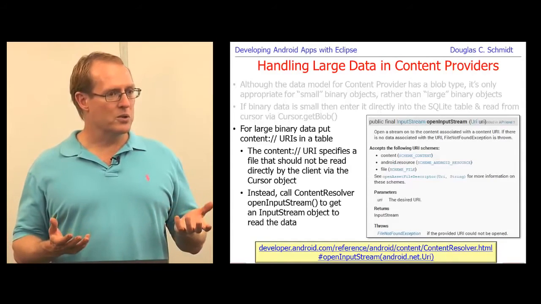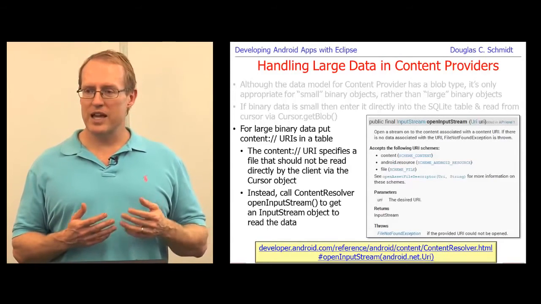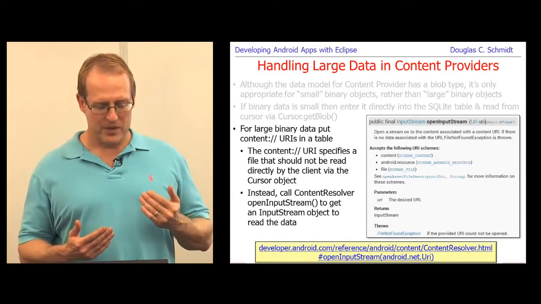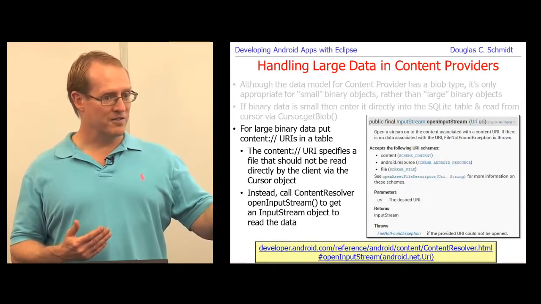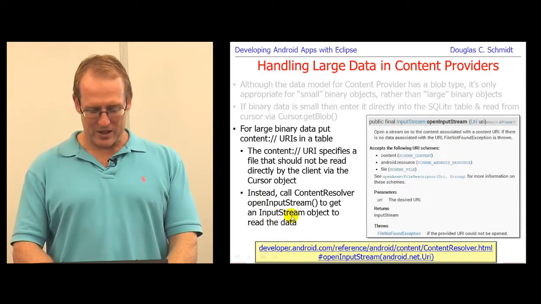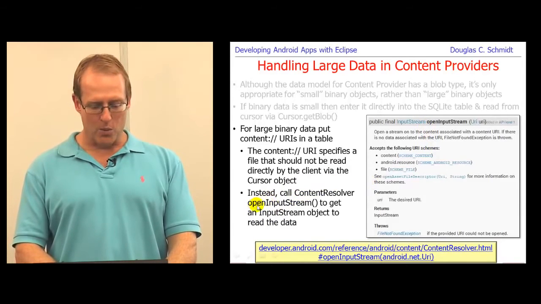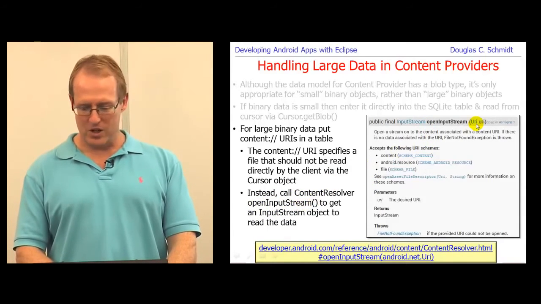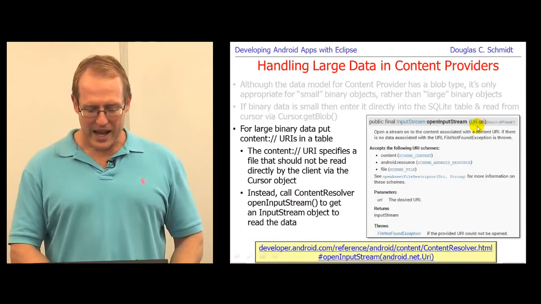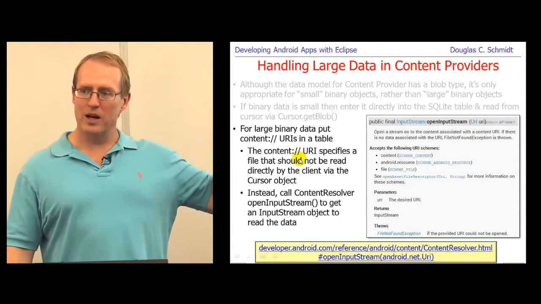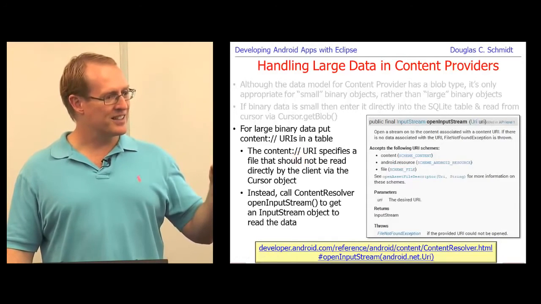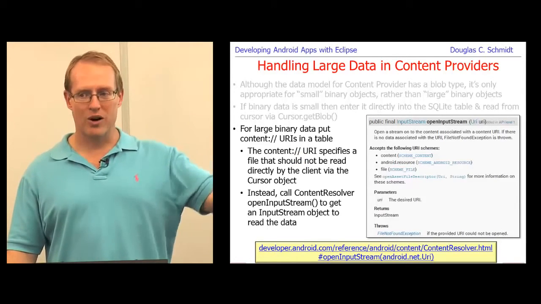So what you can do instead is you can basically have this content URI that points to a file in the file system. And if you take a look, there's a method on content resolver called openInputStream, and you pass it a URI, as you can see here. And what it'll do is it'll go ahead and open up a stream to access the content that was designated by the URI.